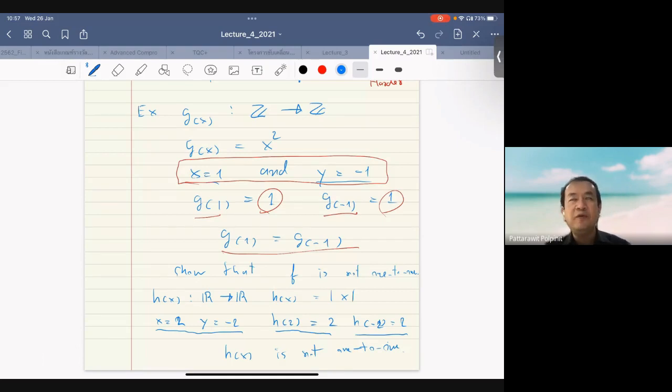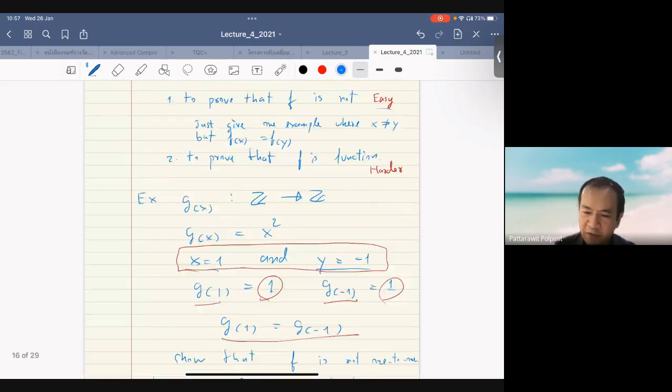You will not be able to find any example that gives you this behavior, where you find two numbers that are not equal, but when you plug them into that function, you get an equal value. So if you try to find an example but couldn't think of anything, my suggestion would be that maybe it's a one-to-one function.